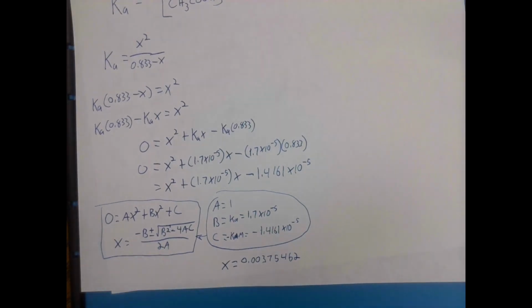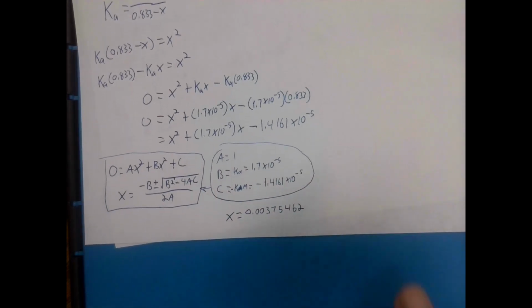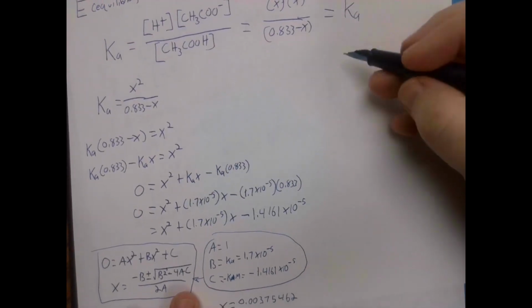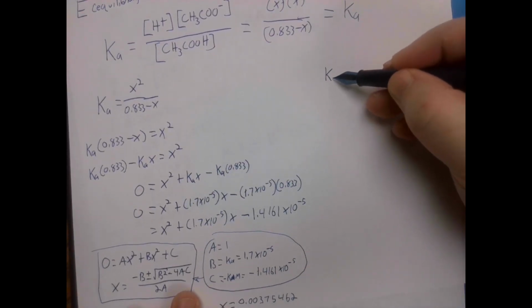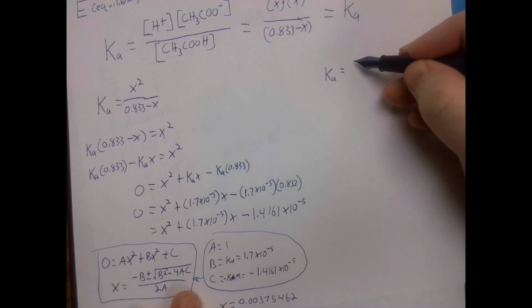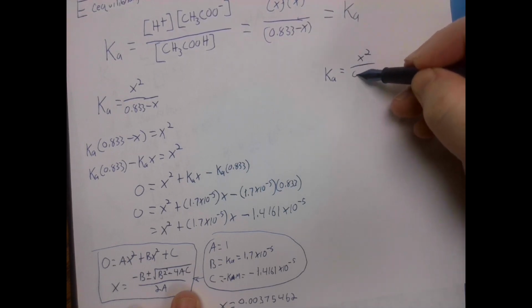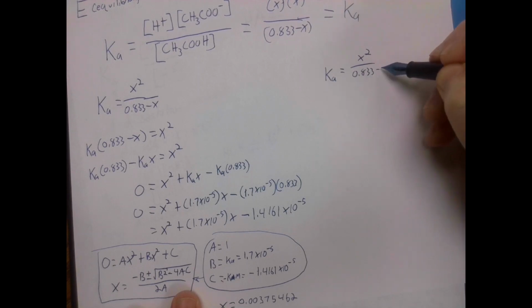Now there is a trick. This doesn't work always, so you have to be very, very careful. If you want a rough estimate, so we ended up with Ka equal to x squared divided by 0.833 minus x.